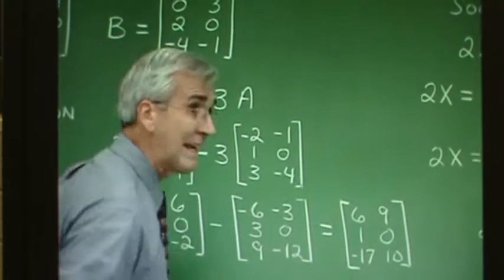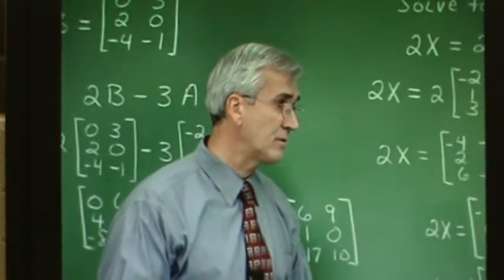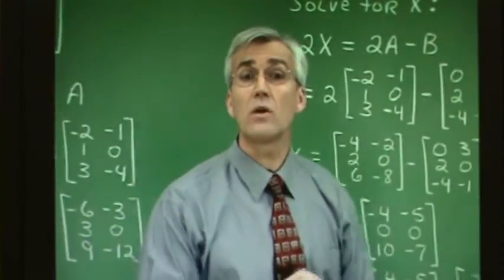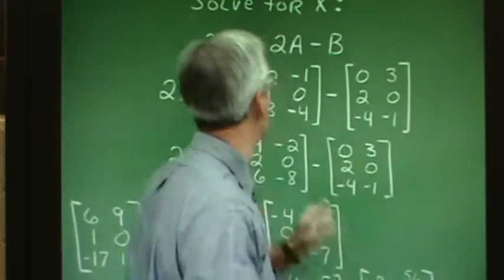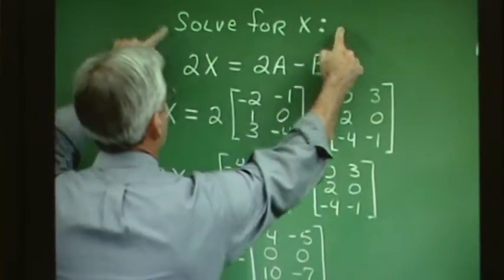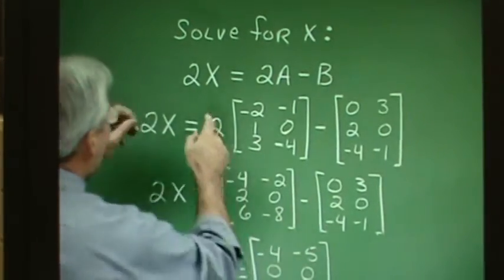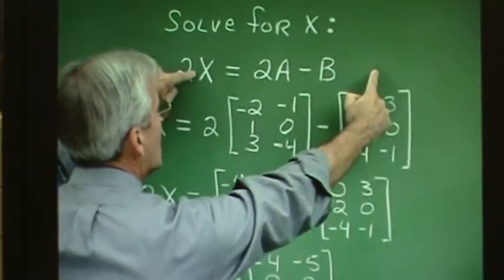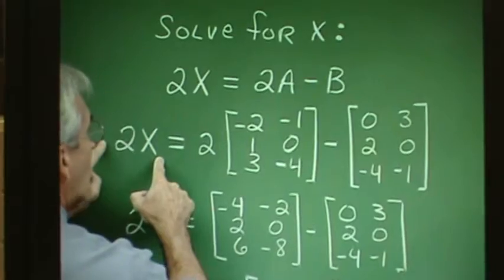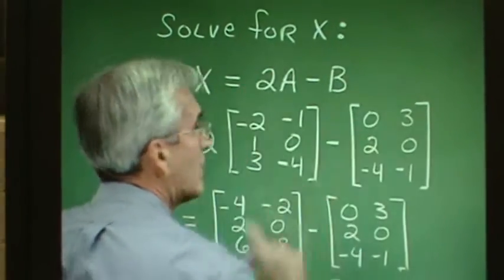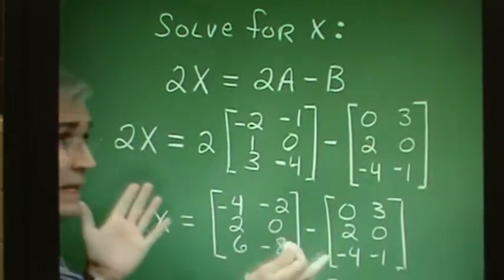Since we can deal with expressions involving matrices, maybe it's not surprising that we could solve equations involving matrices. Now here, we want to solve for x. We have this equation. There are a couple of ways of proceeding here. We could actually divide through by 2 and have x isolated over here, and then deal with the 2 in a particular way over here. That might be pretty easy, actually.